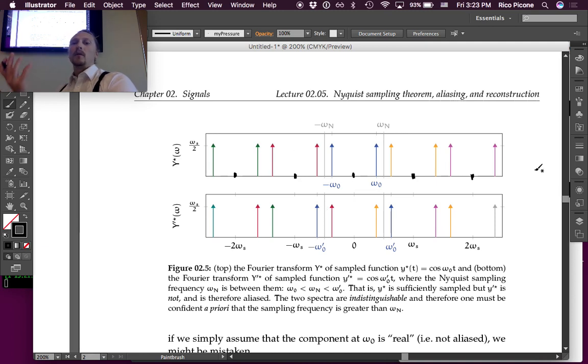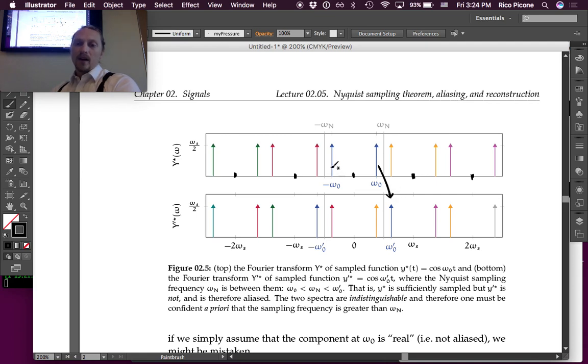This is when we are sampling with sufficient frequency, right? So this is good. But what's interesting is, say we are undersampled. If we increased the frequency of the signal that we're measuring up to omega naught prime, from omega naught up to omega naught prime, that moves this guy over to there, right?